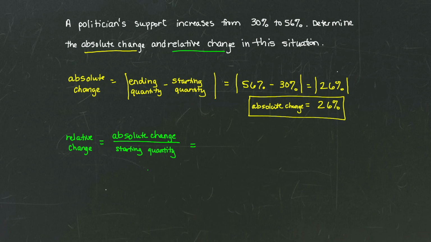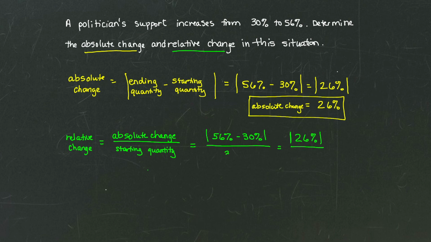For our specific problem, the relative change of 30% to 56% is the absolute value of 56% minus 30%, which is the absolute value of 26%, divided by the starting quantity.